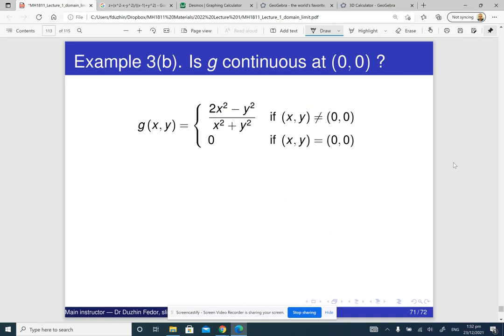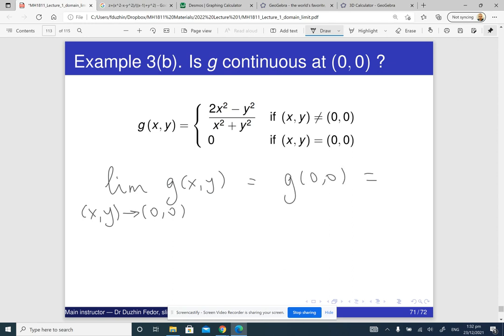Now, what can we say about whether the function is continuous? Notice that the definition of continuity is that the limit of g of x, y as x, y approaches 0, 0 should be equal to g of 0, 0, which here we are given is 0, right? And the question is, is this correct?